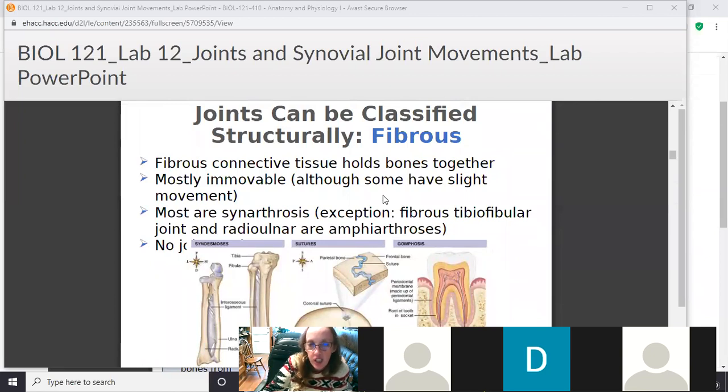Joints can be classified structurally. Fibrous joints: fibrous connective tissue holds the joints together. Mostly immovable, so synarthrosis. Some have slight movement.